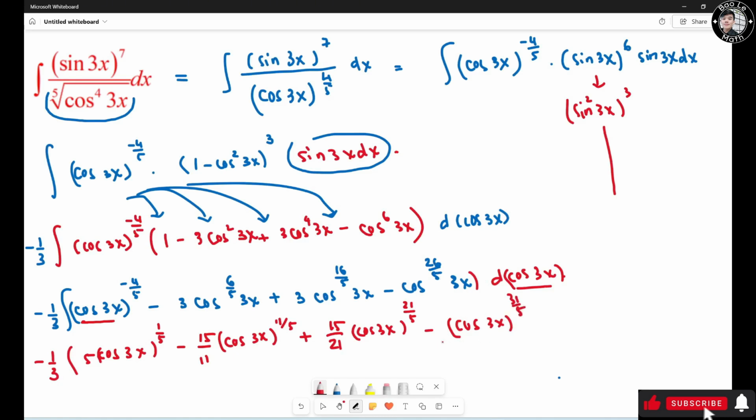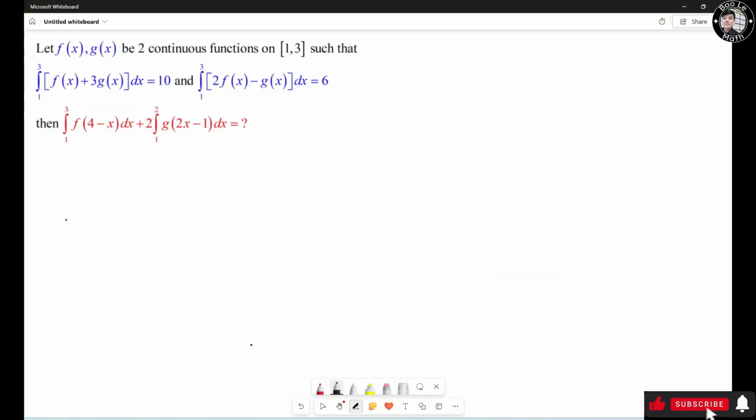And you divide by 31 over 5, which is the same thing as multiply by 5 over 31, plus c.